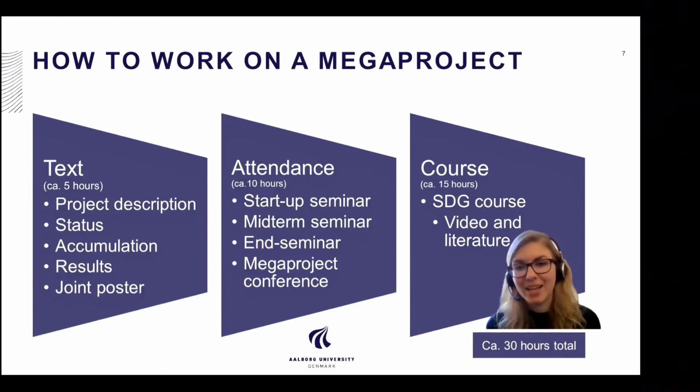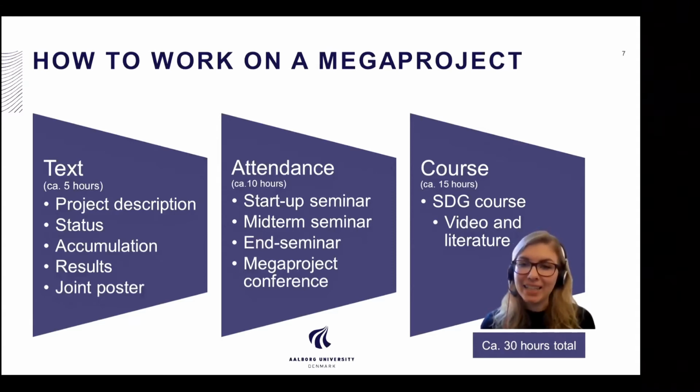And at the basis of this midterm seminar, you will accumulate what you found out so far within the cluster. So this is about showing what you've learned as a cluster and how you have collaborated and what you think your contribution will be to this challenge.